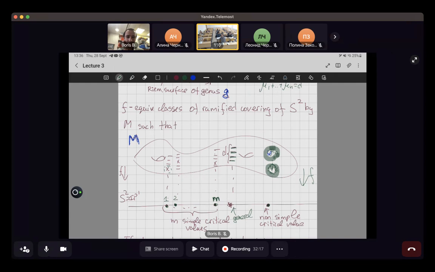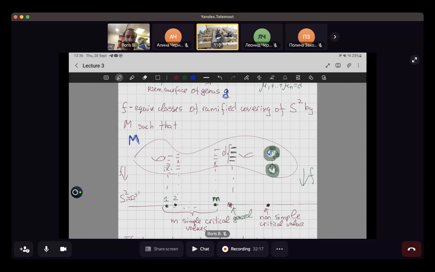So what remains to be seen? Two facts. The first fact is why, what was claimed, that m, g, and mu1 and so on, mu-n, are not independent. So there is a relation. Either you can fix g and the mu's and out of that determine m uniquely, or you can fix m and the mu's and out of that determine g uniquely.